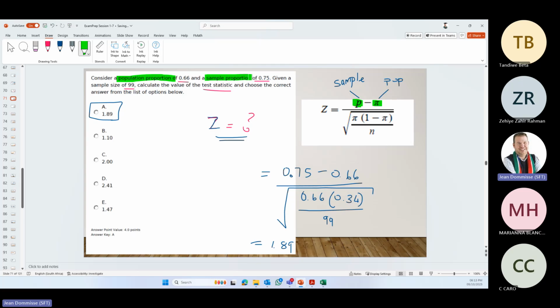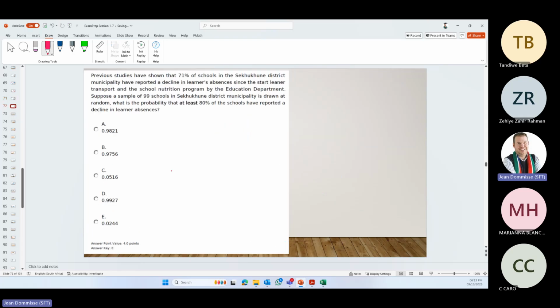One can easily just say 0.66 minus 0.75, because that's the way it's structured, but it is actually the other way around. So be more careful around how they phrase the questions as well. I think that's why I am showing all these weird ones in between, so that we're not caught off guard in the exam.